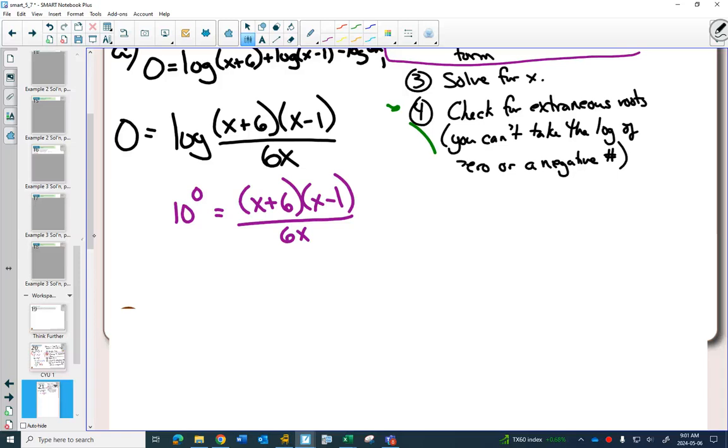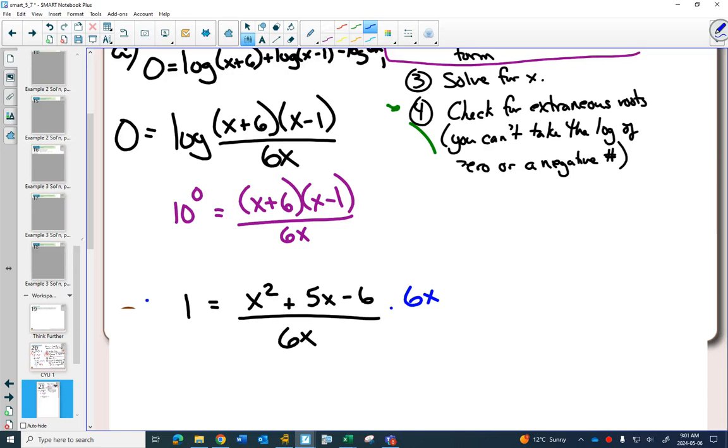Now 10 to the 0 is 1. Maybe I'll multiply up the top. x squared plus 5x minus 6 over 6x. You can multiply both sides by 6x to get rid of this.